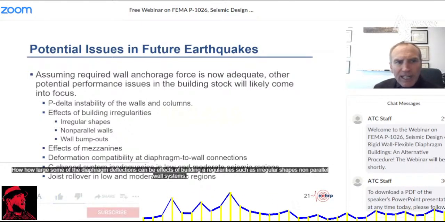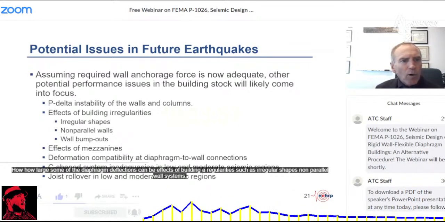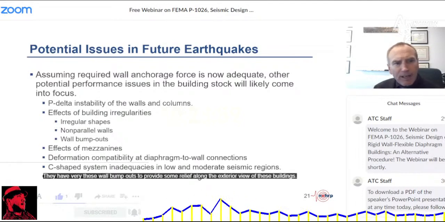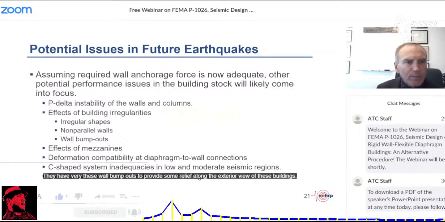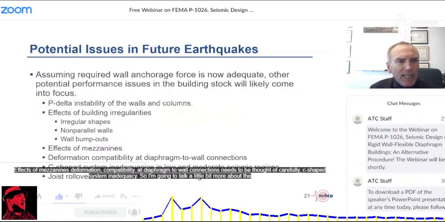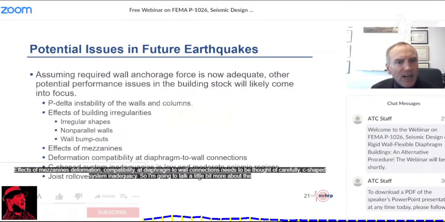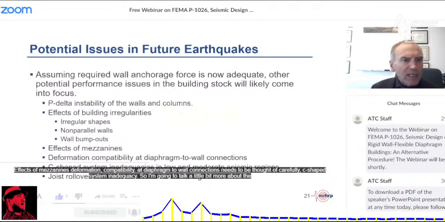Effects of building irregularities, such as irregular shapes, non-parallel wall systems. They have these wall bump outs to provide some relief along the exterior view of these buildings. Effects of mezzanines, deformation, compatibility at diaphragm to wall connections needs to be thought of carefully.